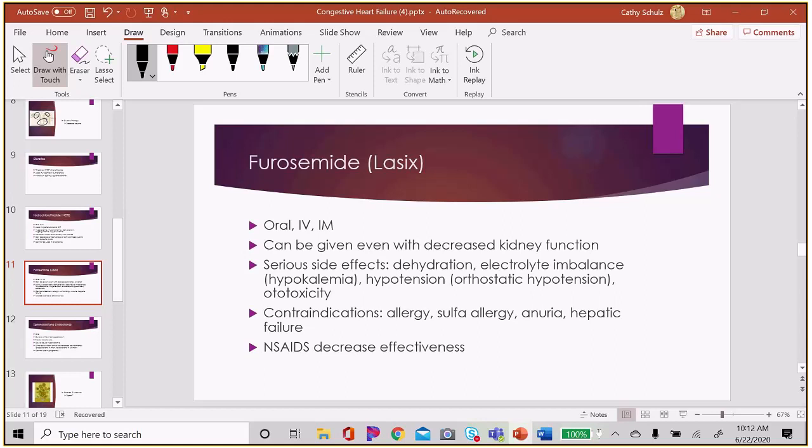So when we talked about hydrochlorothiazide, NSAIDs or ibuprofen could increase the risk of kidney problems if taken together. But if NSAIDs like ibuprofen are taken with furosemide, it's not necessarily an increase in kidney problems that occur. It's that the furosemide won't work as well.